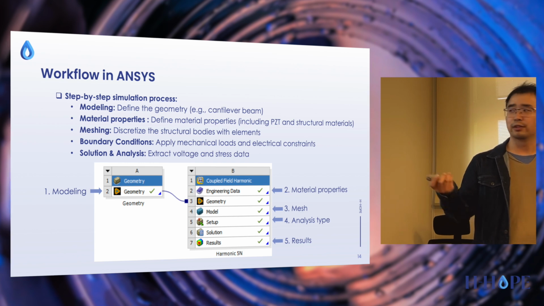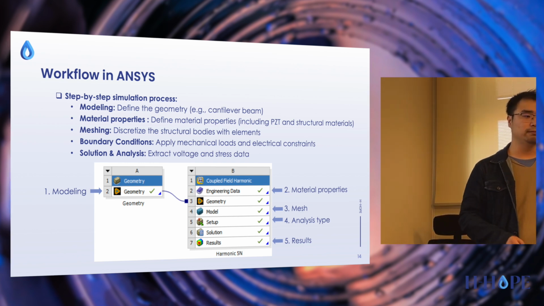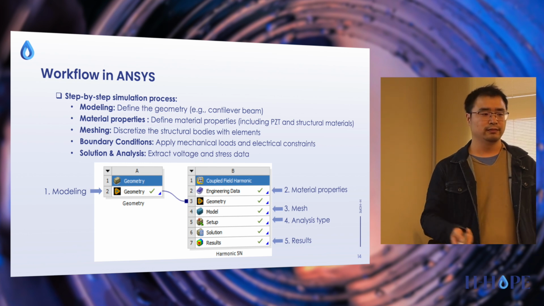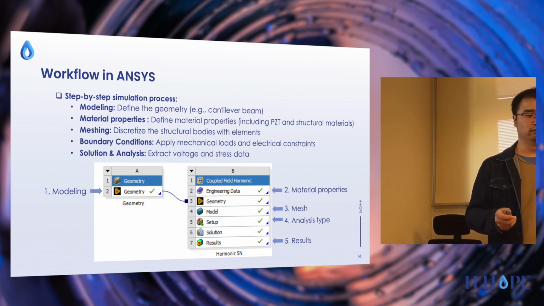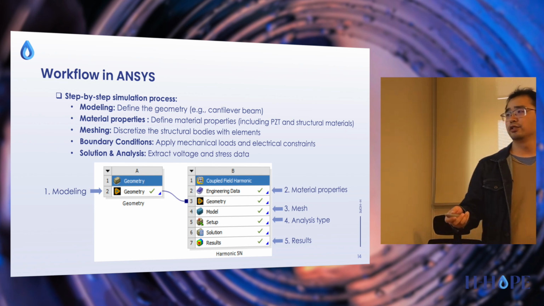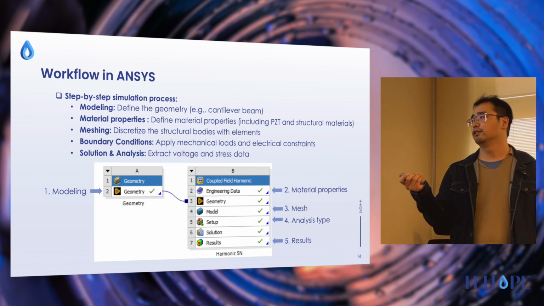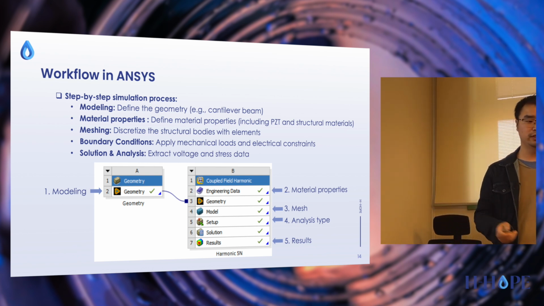Next, I will demonstrate the simple workflow in ANSYS. Here, in general, there are 5 steps, or fewer. First, you have to define the geometry of the system. And then you have to define the material properties.